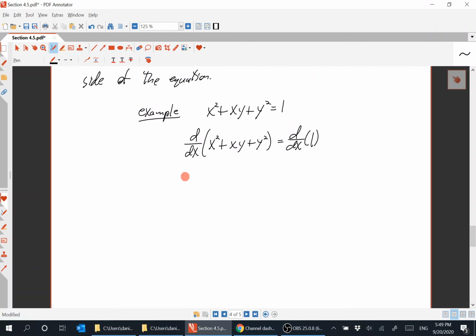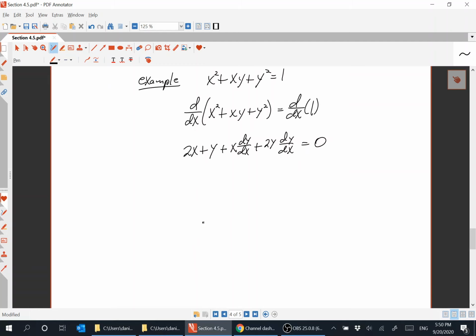The derivative with respect to x of x squared is 2x. The derivative of x times y, using the product rule, is the derivative of x, which is 1, times y, plus x times the derivative of y, which is dy/dx, plus the derivative of y squared, using the chain rule, which is 2y times the derivative of the inside, dy/dx, and over here it's 0.